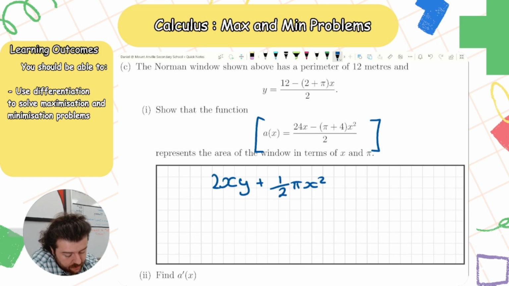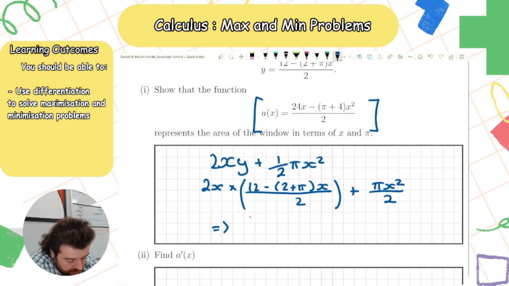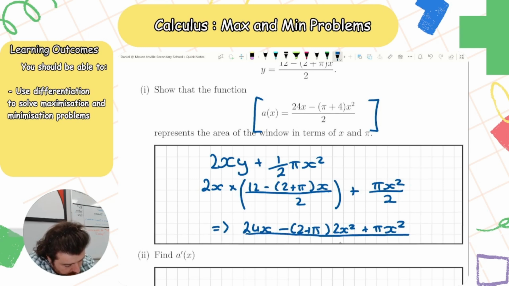So y is equal to, so be 2x times (12 minus (2 plus pi)x) all over 2, plus pi x squared all over 2. That's going to be 24x minus (2 plus pi)x times 2x, which is 2x squared plus pi x squared, all over 2.